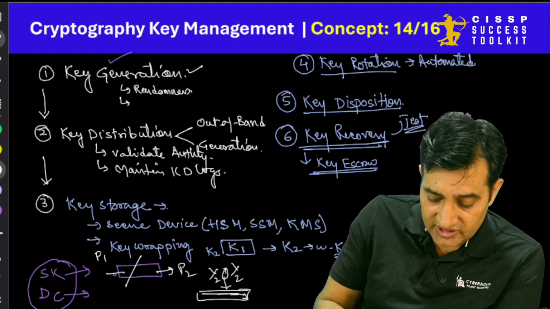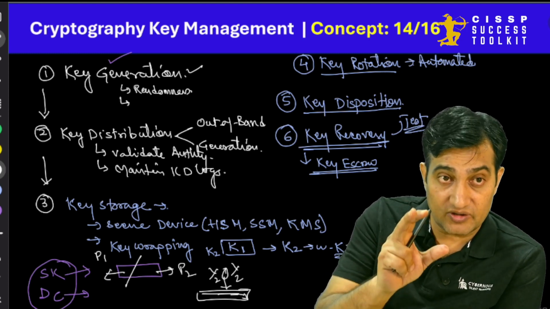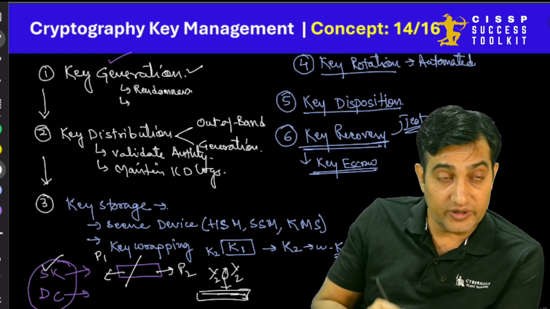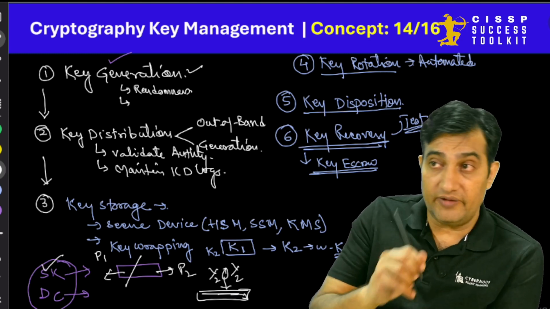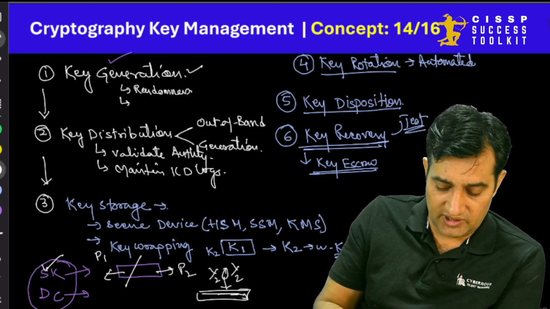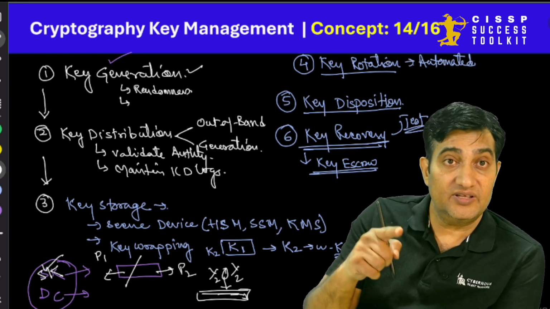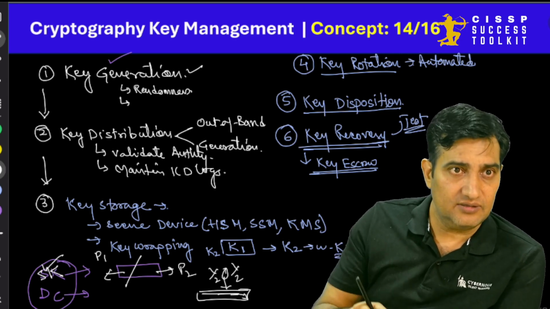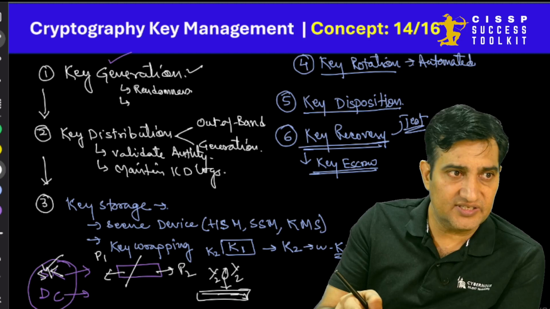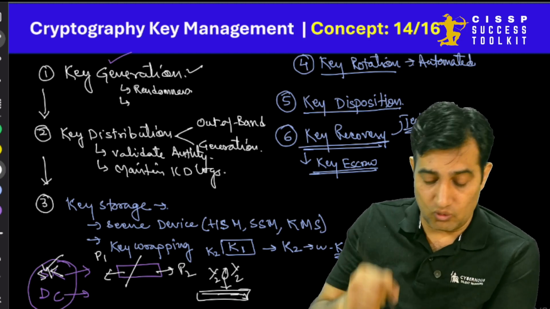So distributing this into two halves and giving it to different people for separation of duty is called split key. So if there is a question asking you whether split knowledge or split key is associated with separation of duty, the answer is yes. This is for separation of duties itself to prevent any kind of fraud. Okay, so that's the core concept.